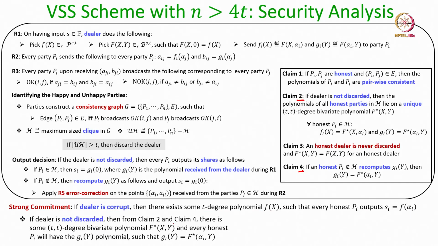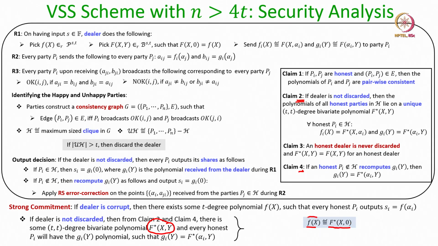Whereas, if the dealer is not discarded, then because of claim 2 and claim 4, we know that there exists some T degree bivariate polynomial f star such that the column polynomials of all honest parties at the end of the third round lie on that f star x y bivariate polynomial. Now, let us take the sum sharing polynomial f of x to be the value of this bivariate polynomial at y equal to 0.